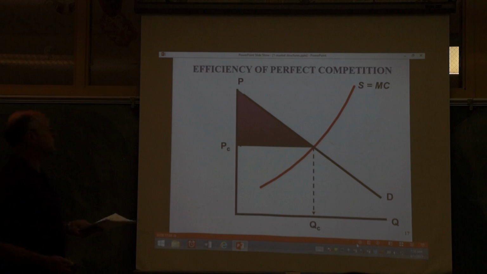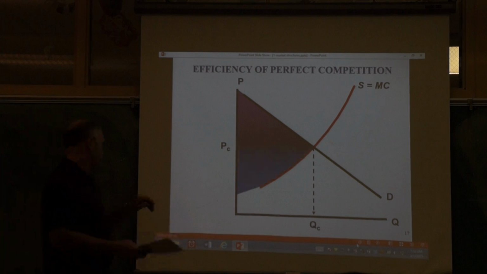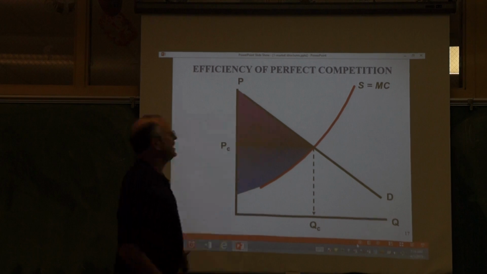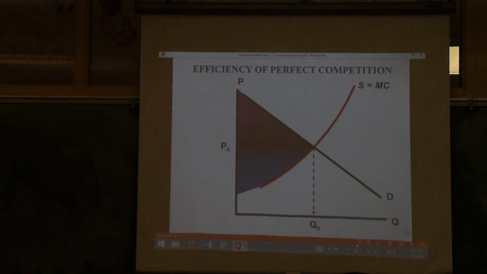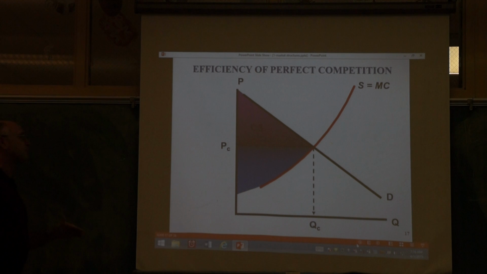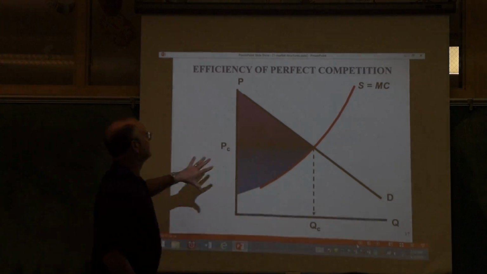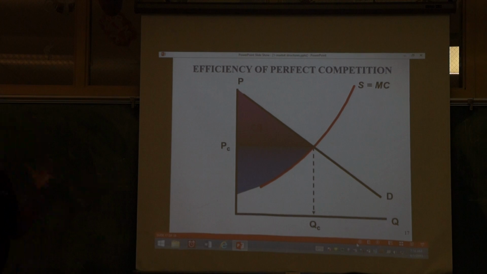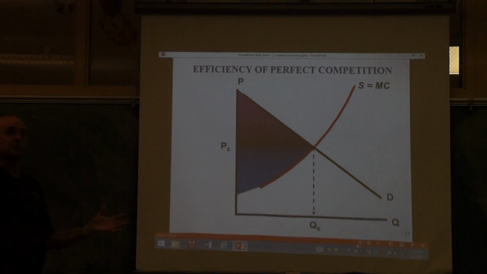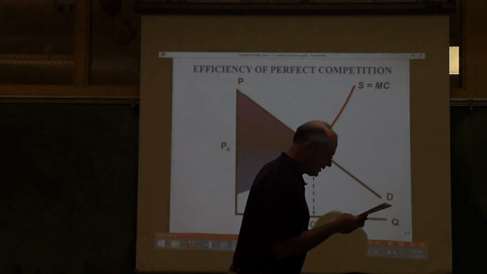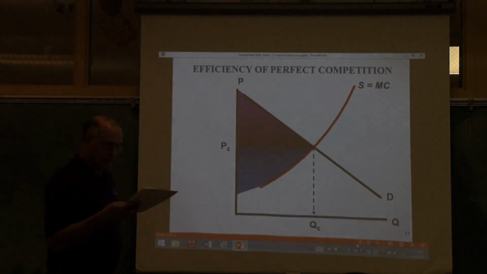Here is consumer and producer surplus. Consumer surplus, everything above the price and below demand. Producer surplus, everything below the price and above supply. Notice no deadweight loss, therefore you are totally efficient, okay? And I'll talk about that in a second, the productive and allocative efficiency.